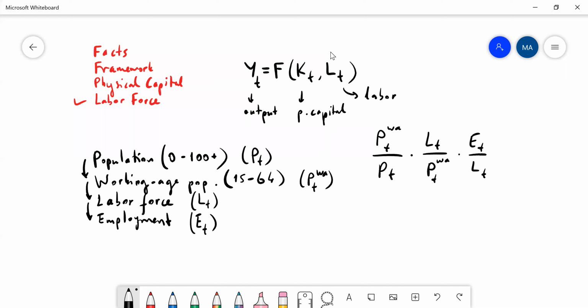Now, as you see, these terms and these terms would be canceled out, and we would be at the end imagining how many people in the economy, right? So Turkish population, let's say, is 80-something million.